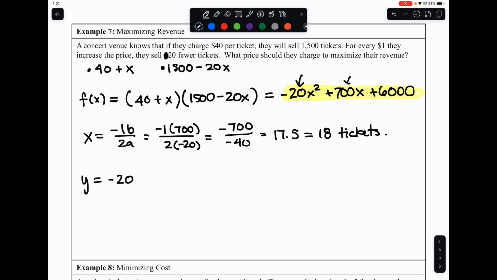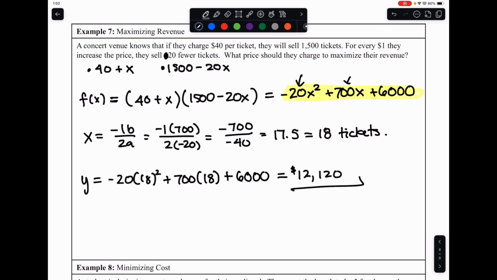So negative 20 times 18 squared plus 700 times 18 plus the 6,000. So this ends up equaling a total of $12,120. So if they sell 18 tickets, this is how much money they end up making.